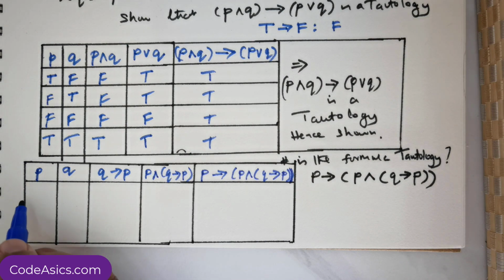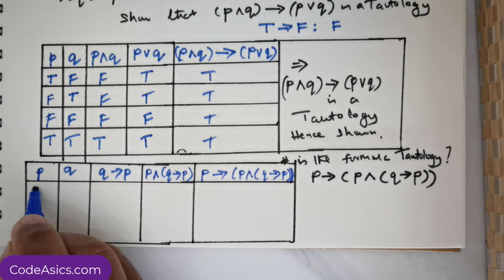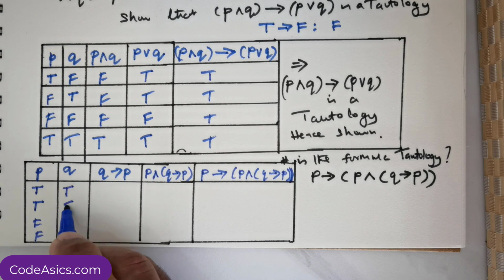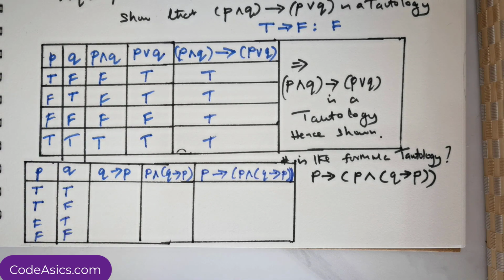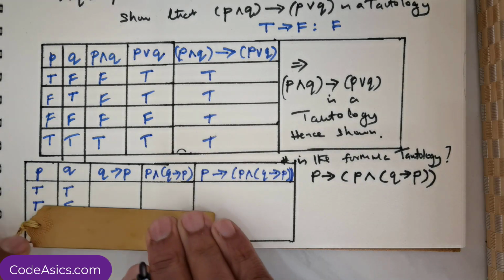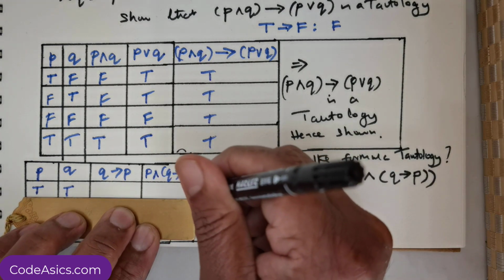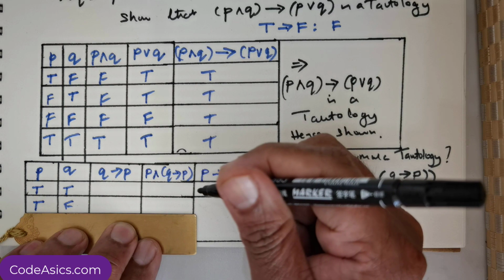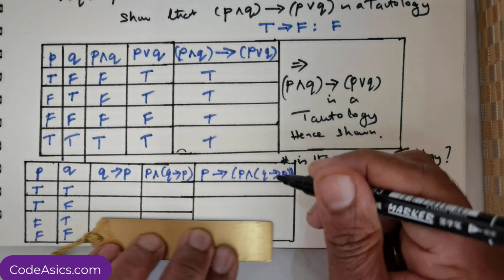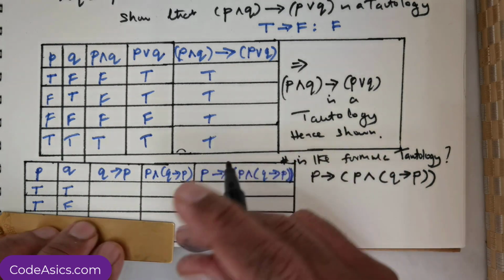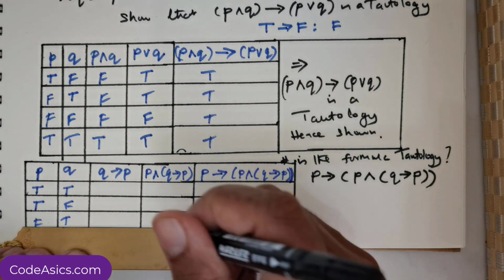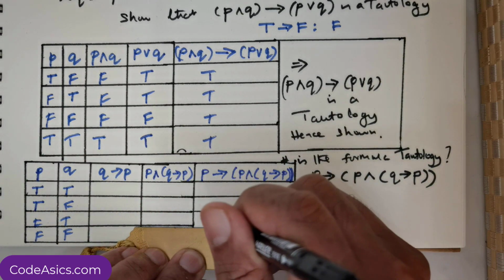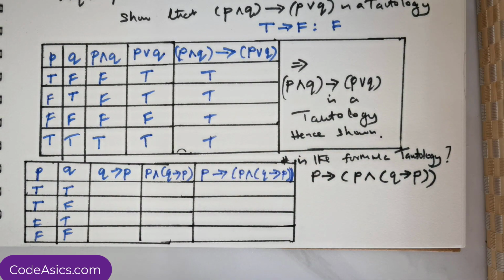So the values, I'm going to take the following values: T, T, F, F, T, F, T, F. So let me complete the table first. Okay, the table is completed.